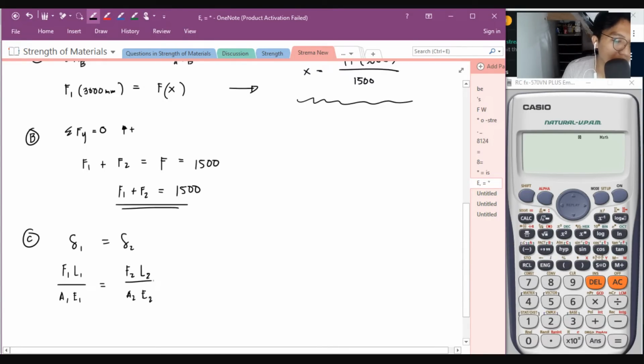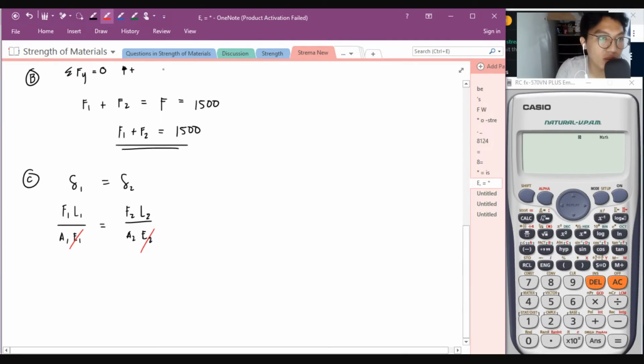Diba ang sabi dito, the same lang yung kanilang E. O di cancelable yung E. Ibig sabihin, pwede kong makuha si F2 or F1. Okay, cross-multiply ko na lang itong dalawa.